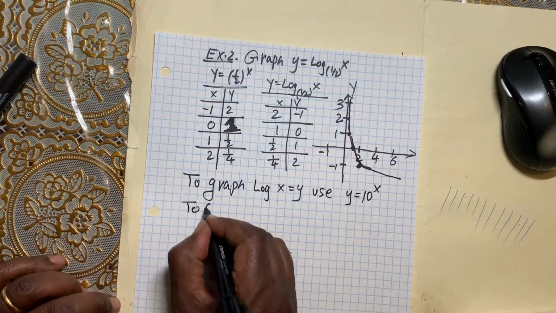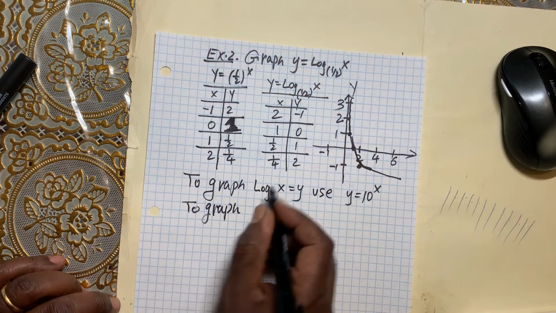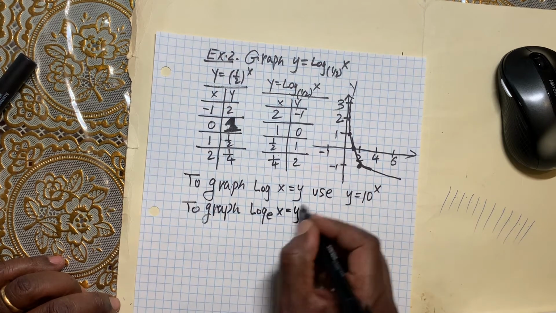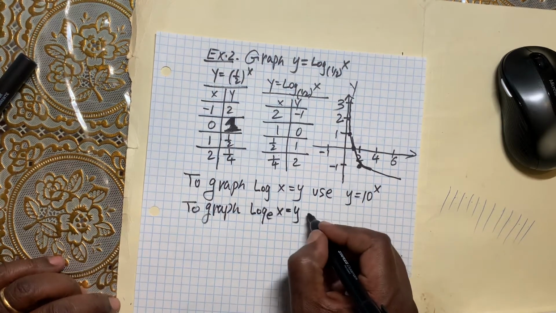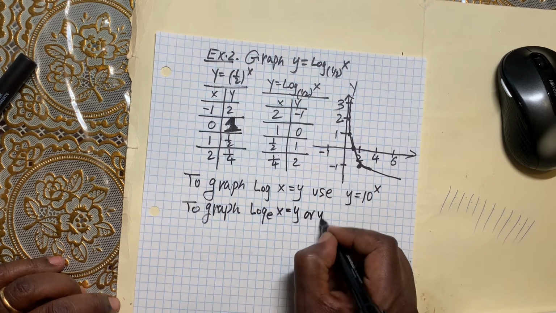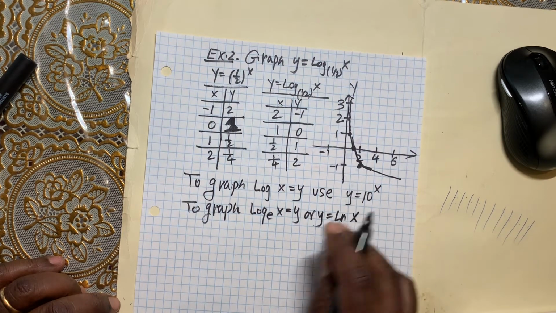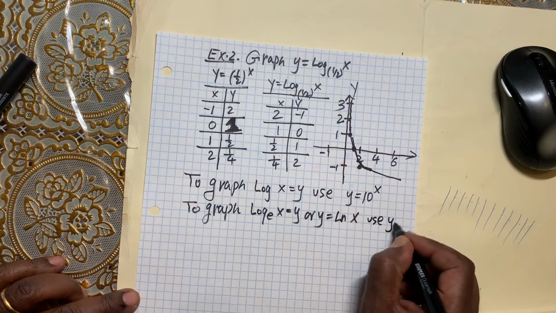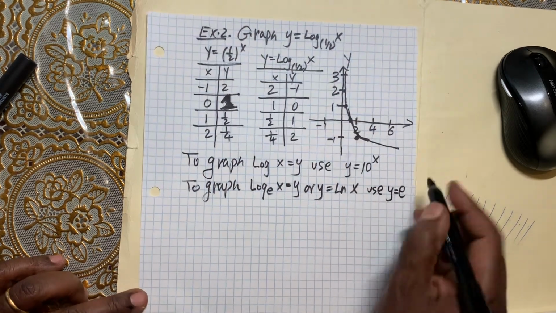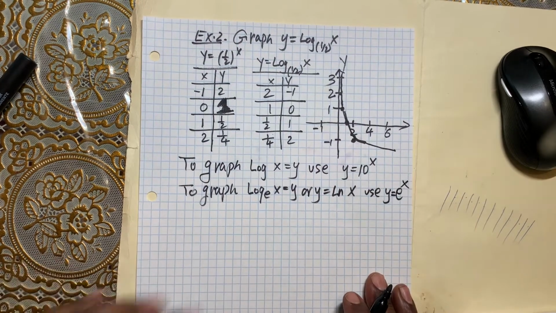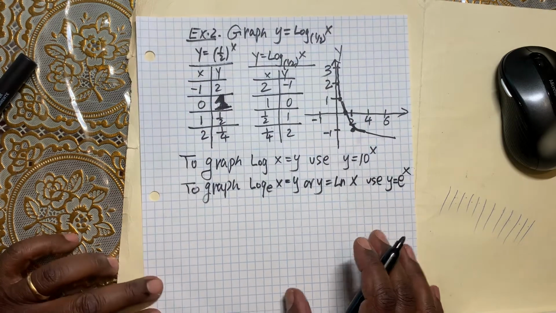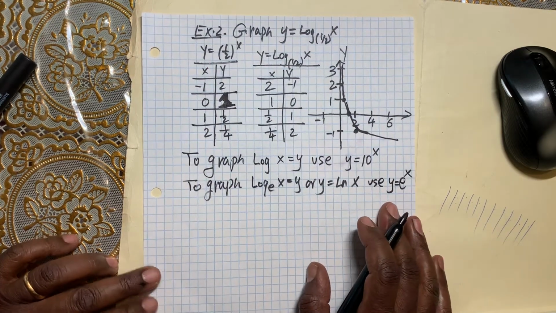To graph log base e of x, or y equals ln x, the natural logarithm, use y equals e to the power of x. So it's just about reversing the coordinates of those functions.